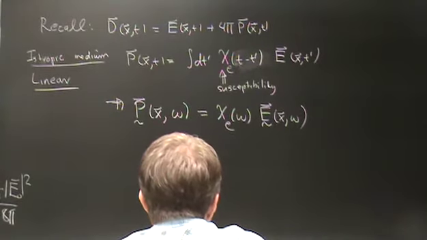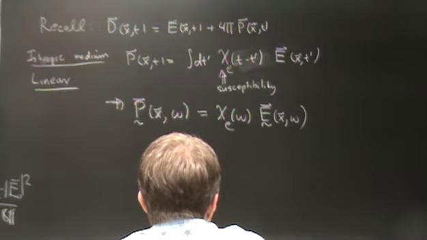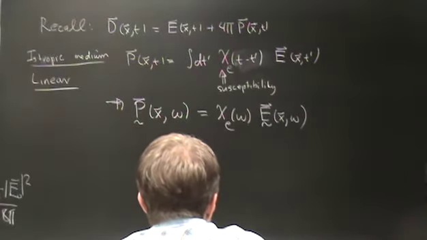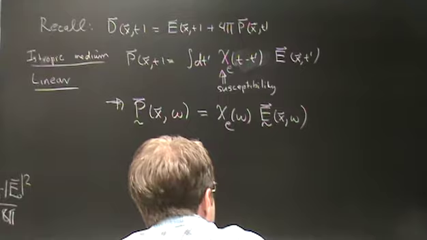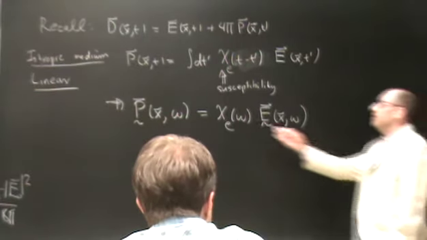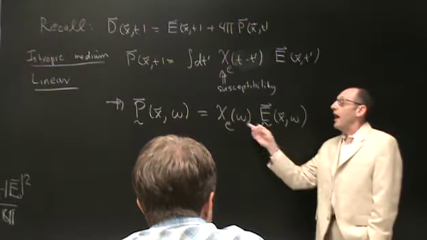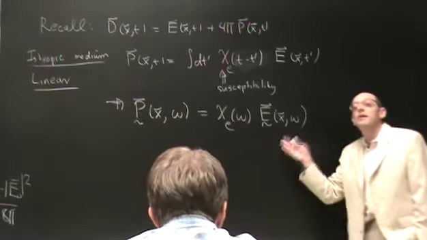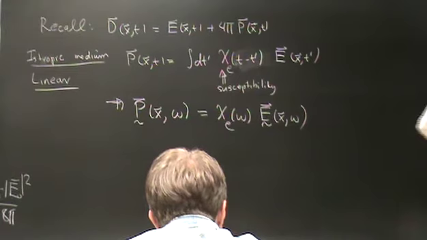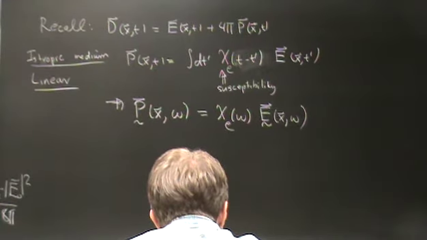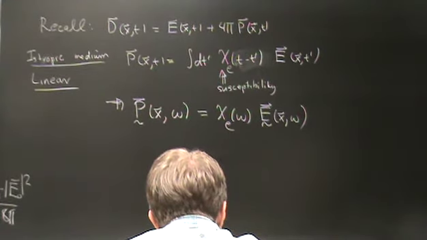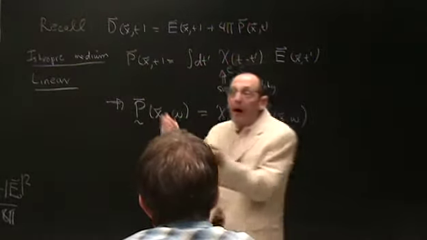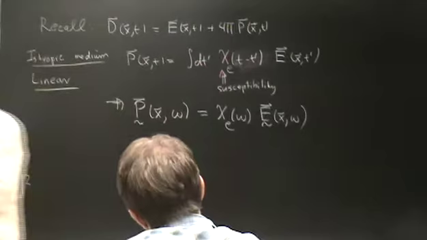So for a given frequency, there's a certain amount of polarization that's induced, and that proportionality constant typically will depend on frequency. The strength of how much polarization I induce depends on the frequency with which we're driving those dipoles. And that's particularly true if I'm close to some resonance of the binding of the charges.